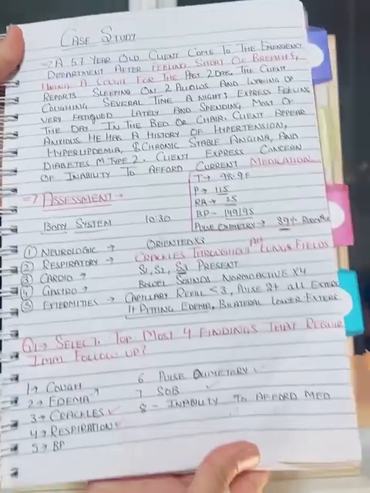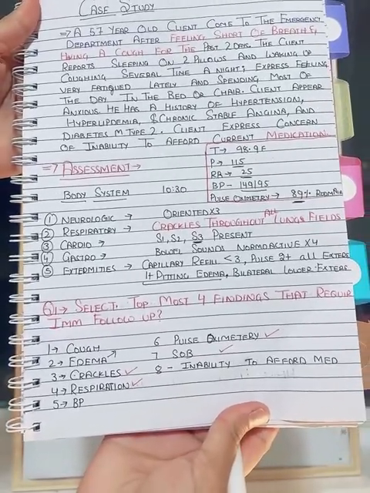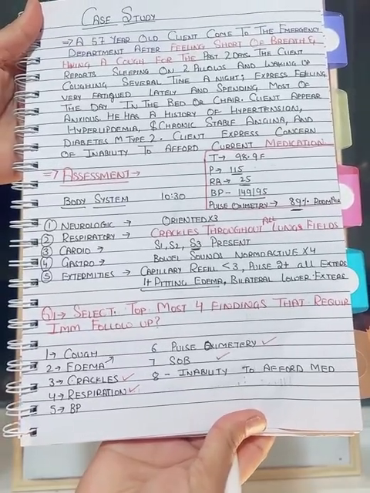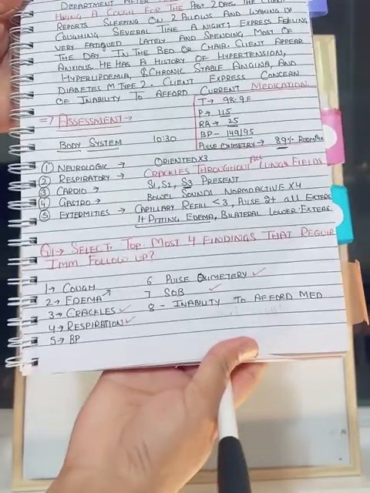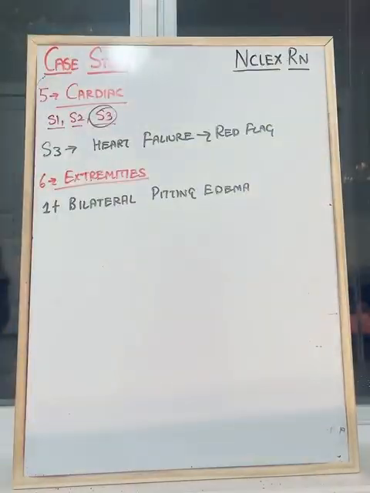Everybody, please take a screenshot of this. Hope you see the scenario. After that we will discuss the further questions. I think here, medical emergency. Okay. So now, pitting edema.